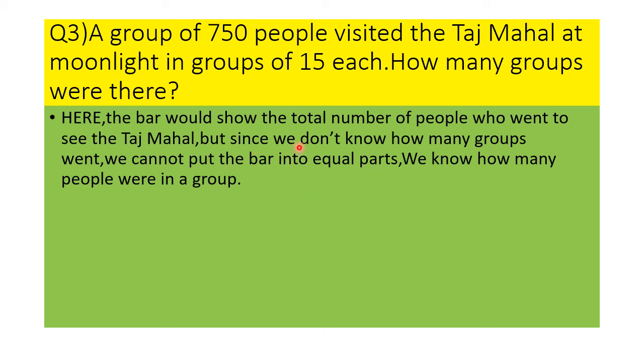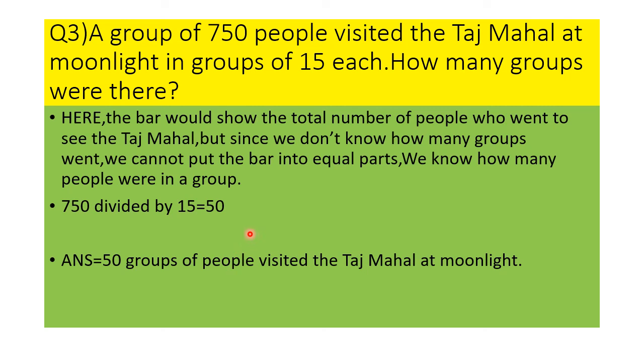But since we don't know how many groups went, we cannot divide the bar into equal parts. That is not possible. We only know that in one group there were 15 people. So for this we need to first divide 750 by 15. When you do this, the number of groups would be 50. So this will be your answer: 50 groups of people visited the Taj Mahal at moonlight.